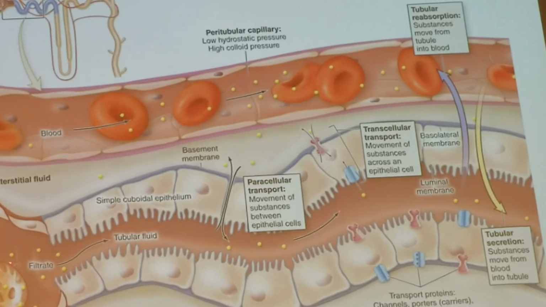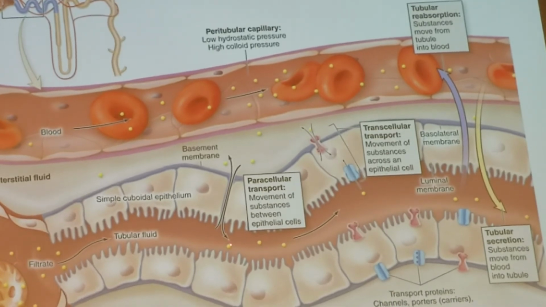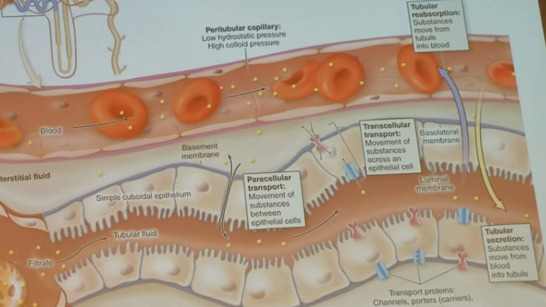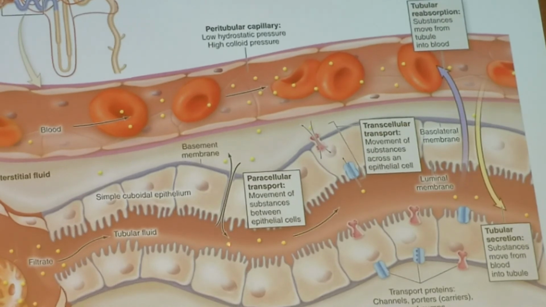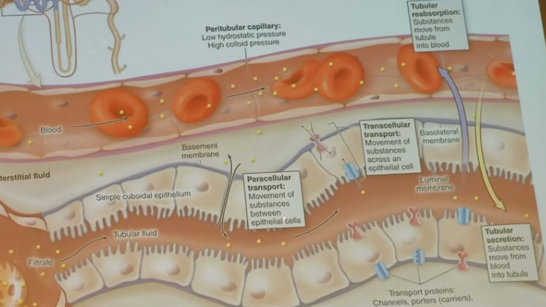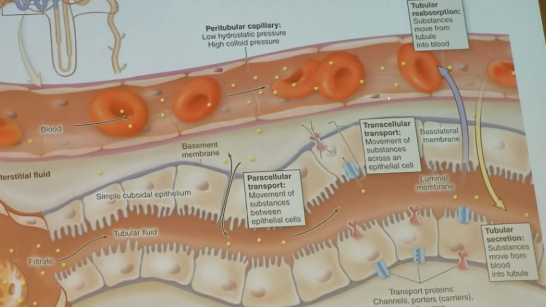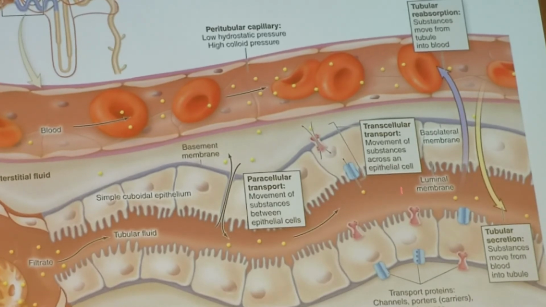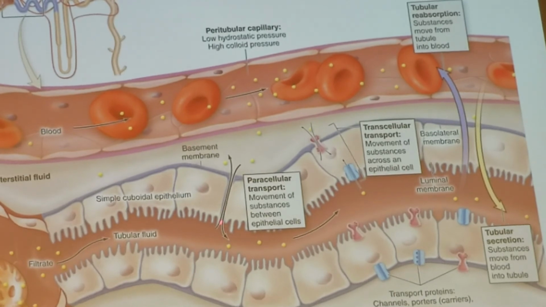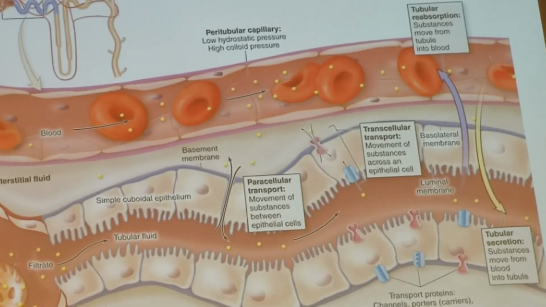So I've got solutes that come into the filtrate that can either go back into the blood via paracellular transport or through transcellular transport. Transcellular requires transporters in the apical membrane. Paracellular is going between the cells.